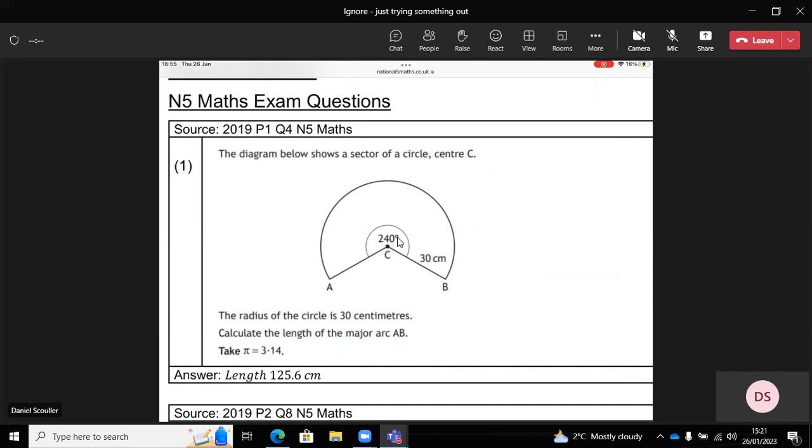So in this case, you'll start with 240 divided by 360, and it will look for you to simplify that right down into its simplest form. That's one of these exam skills that we'll work on when we start revision properly. Have a wee go at that in your own time, that's not a problem, but they're sometimes quite tricky. So have a wee read of that document and then have a wee go at that.